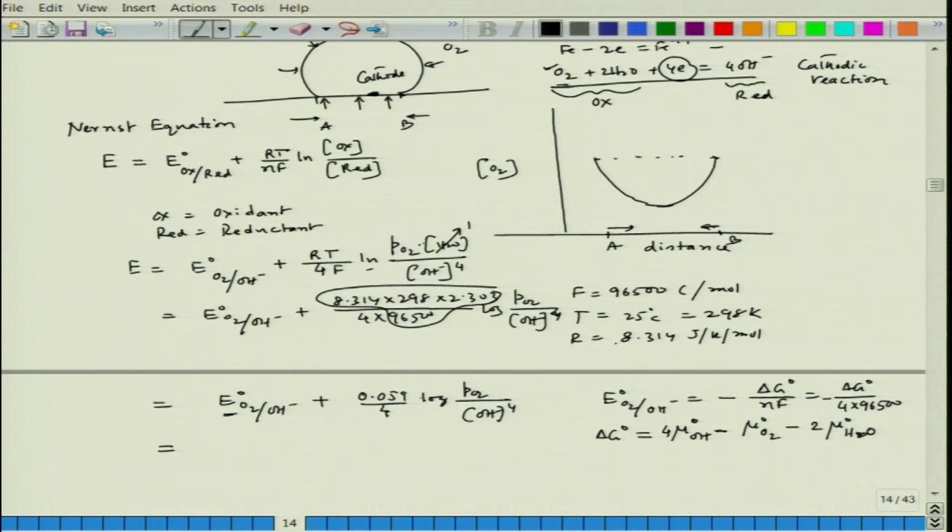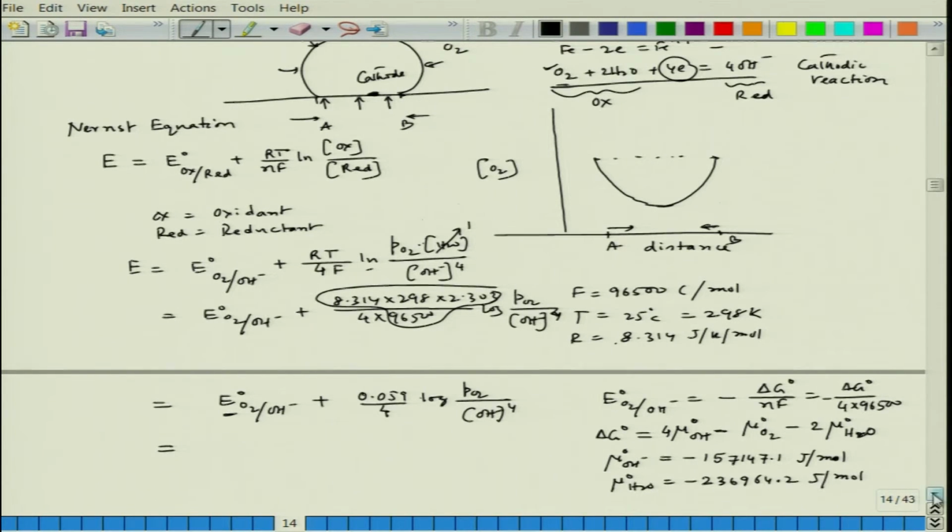So now these values I can put in. Mu naught of OH minus is equal to minus 147.1 joule per mole, and mu naught of H2O would be equal to minus 236,964.2 joule per mole.